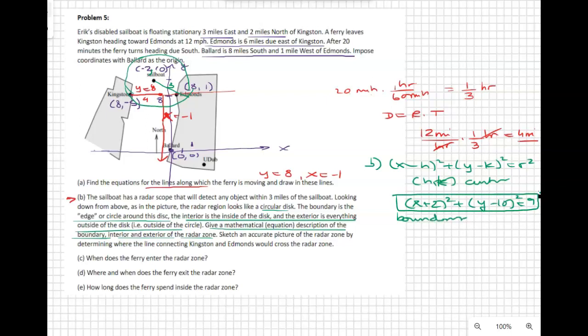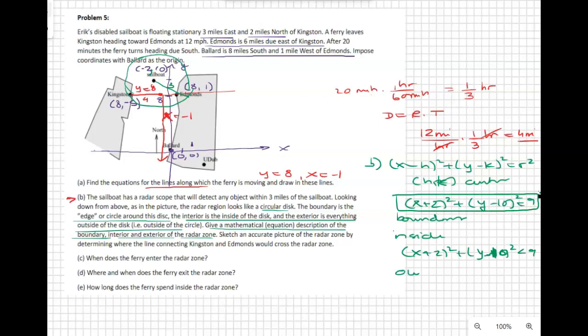Now the inside would be x plus 2 squared plus y minus 10 squared is less than 9. That's everything on the inside.